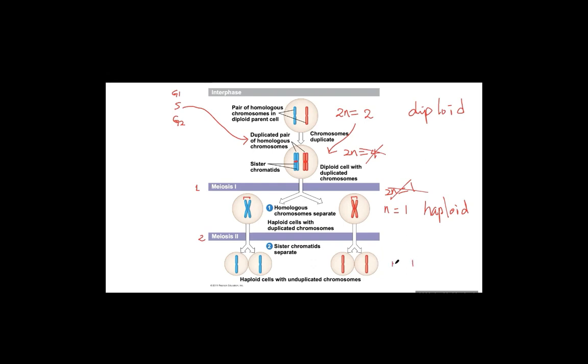So this is n equals 1. It continues to carry haploid until the end of meiosis. The only difference between meiosis 1 and meiosis 2 is the number of daughter cells. At the end of meiosis 1, there are 2 daughter cells. At the end of meiosis 2, there are 1, 2, 3, 4 daughter cells formed.